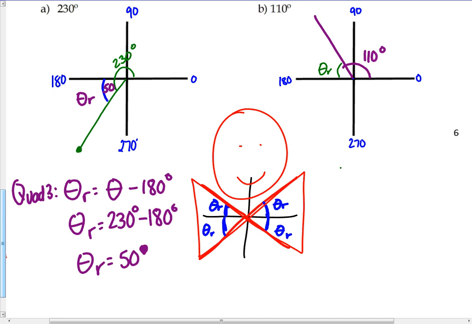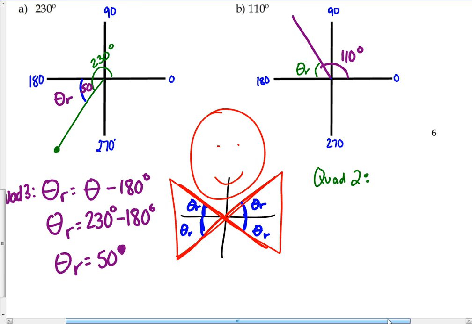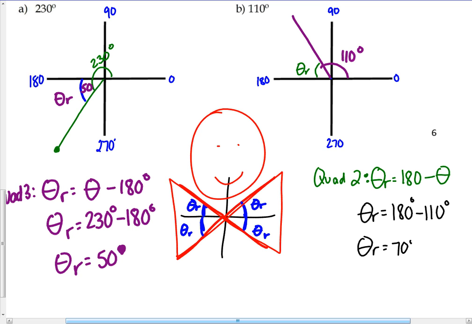Whenever we're in quadrant 2, to find my reference angle, I'm going to take 180 and subtract my rotation. So 180 minus 110 gives us 70 degrees. That's the reference angle.